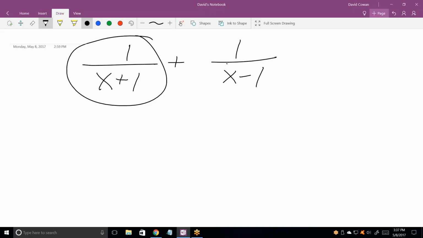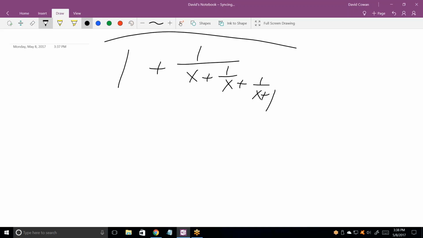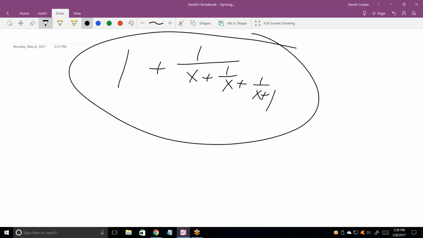So even if they give you a problem, and I've seen these kind of problems, where you have something like this, something where you have a lot of nested stuff. That's what I call that, is nested.